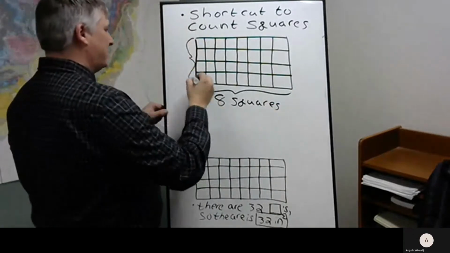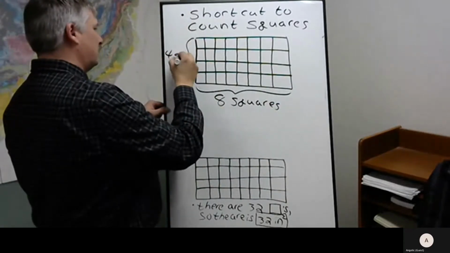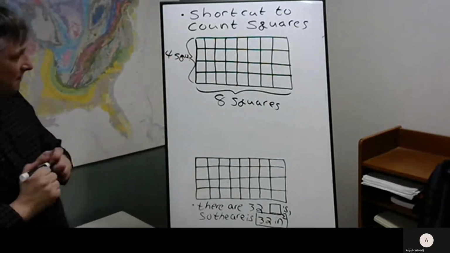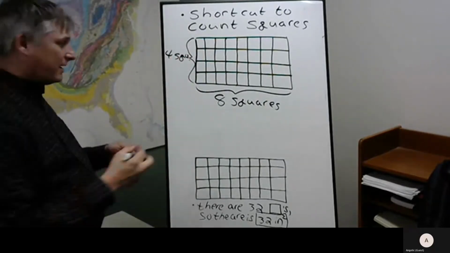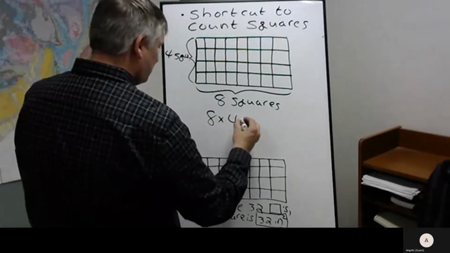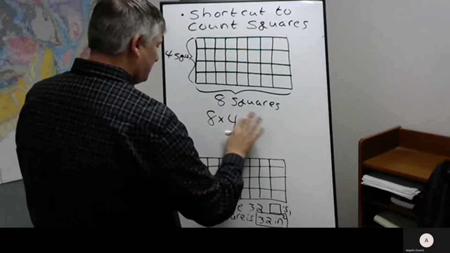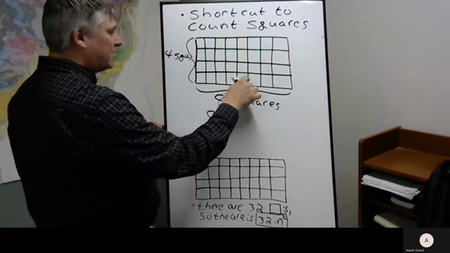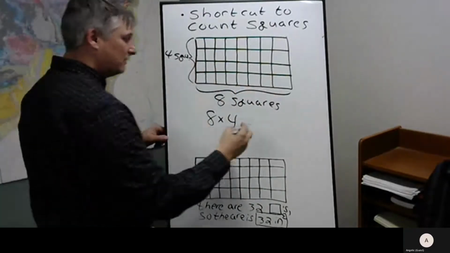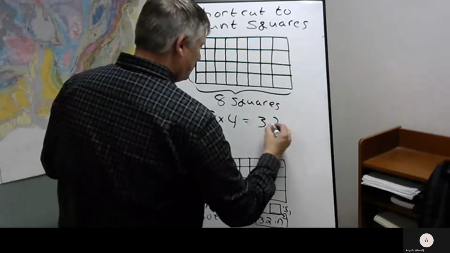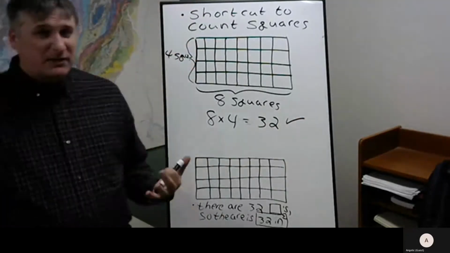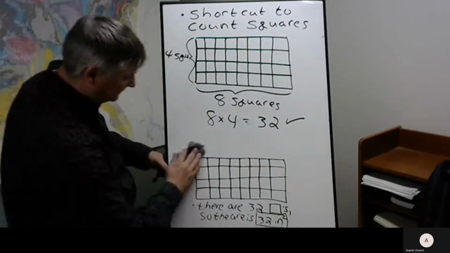And along the side, there are 4 squares. So if we go 8 times 4, which is the number of squares that make the base, times the number of squares that make the height, we get 32. So we don't have to count all these.